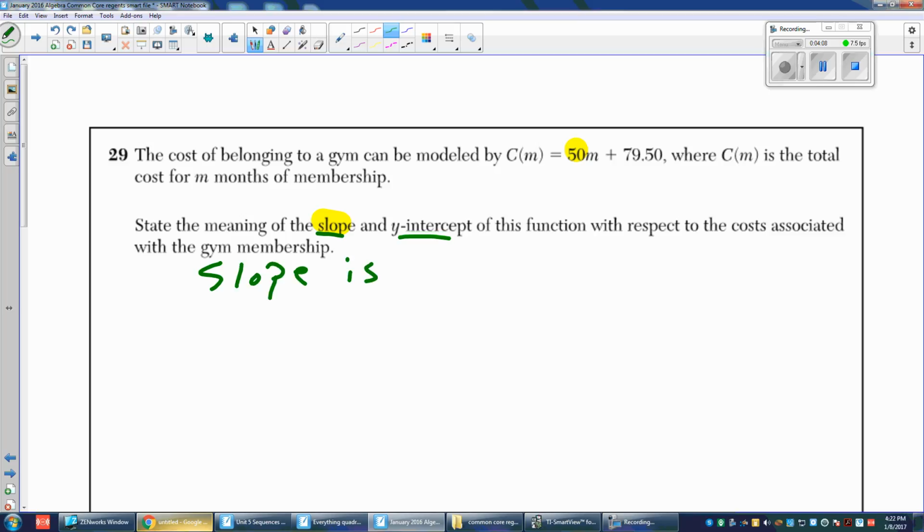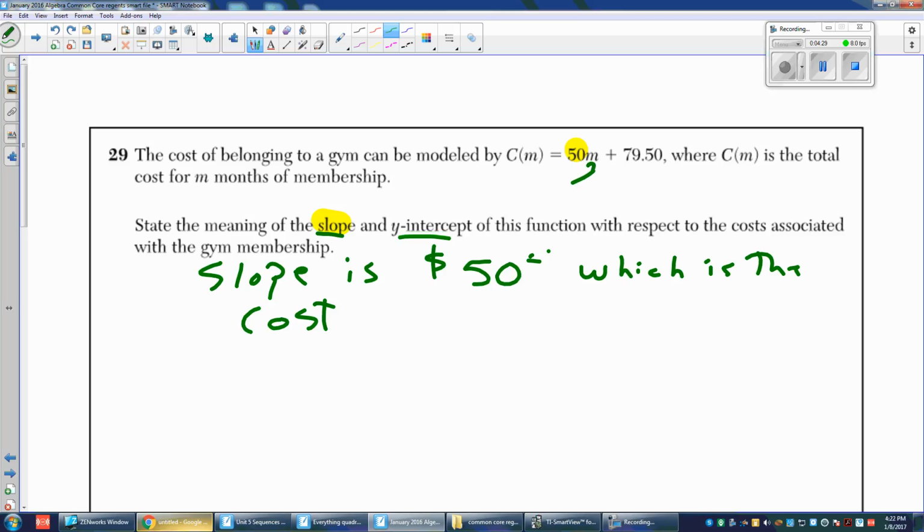Slope is $50, which is the cost. Now wait a minute. We're spending $50. $50 what? Is that $50 to join? What's that M? That M is the rate of change.